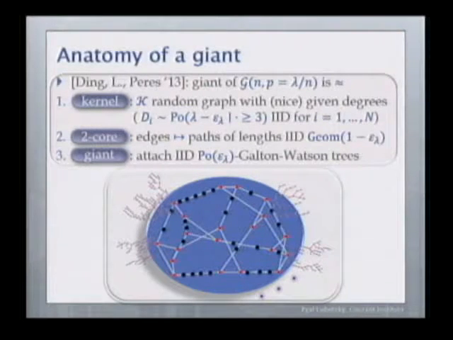And I have these funny names: kernel, 2-core, and giant. Well, giant is the big thing. A 2-core in general is what happens if you successively eliminate leaves from a graph, which would mean that we are just eliminating all of these trees.